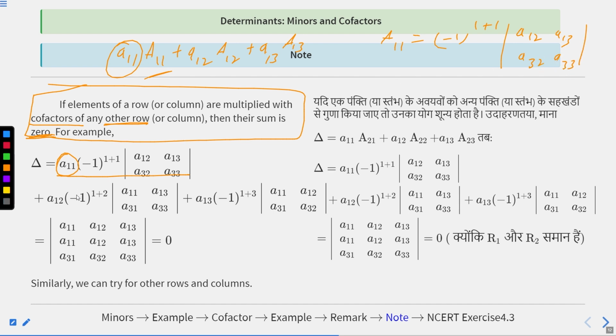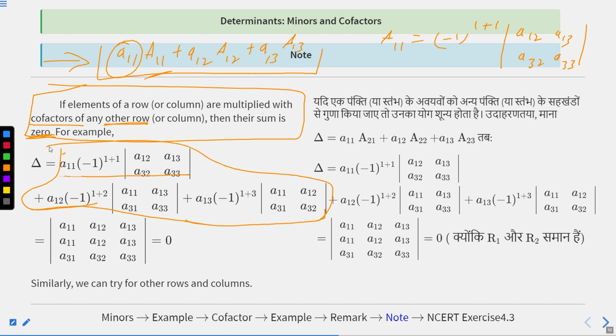Okay, so this is written in condensed form, and this is the expanded form. Clear what is written over here? Now try to see what is happening.